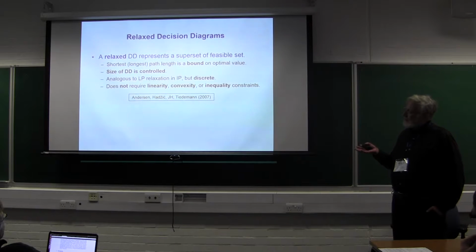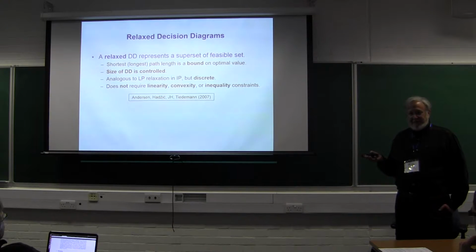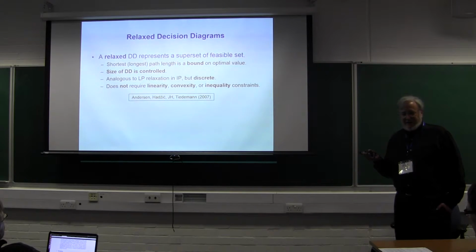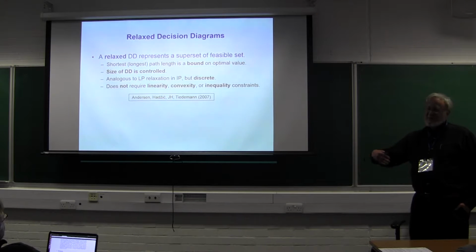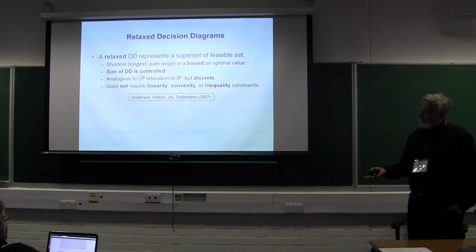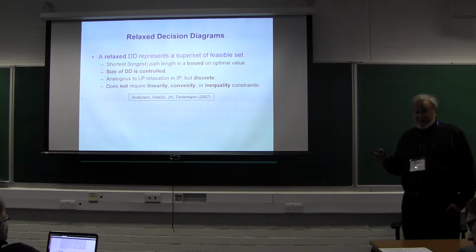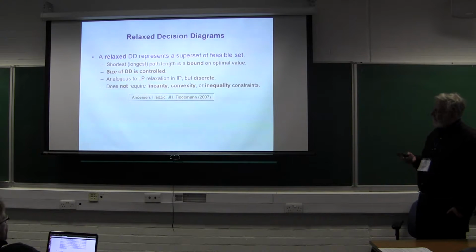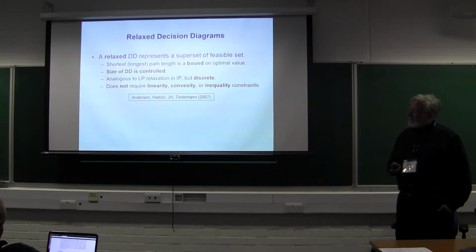So decision diagrams provide a discrete relaxation, which is something new. I mean, if you look at the optimization literature, like thousands of papers, it's very hard to find anyone who's used discrete relaxations, even to solve discrete optimization problems. There's some work very early, back in the 1950s, by Gomory, using number theory, but there's very little work in this area.